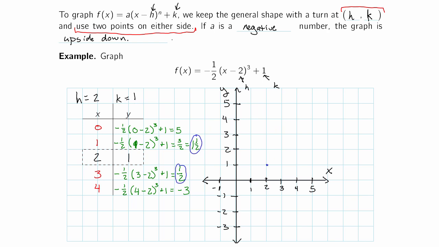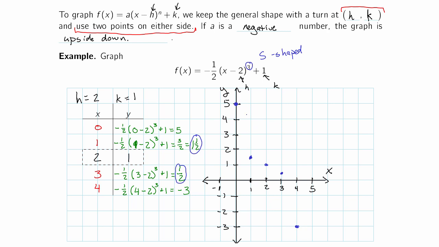I'm going to plot my 2, 1 first, because I'm thinking of this as being kind of in the middle of that S-shaped curve that I know I'm going to get for the third power. And then 1, 1.5 is going to look like that. 3, 0.5 is going to look like that. And then 0, 5, that's going to be up here. And 4, -3, that's down here.